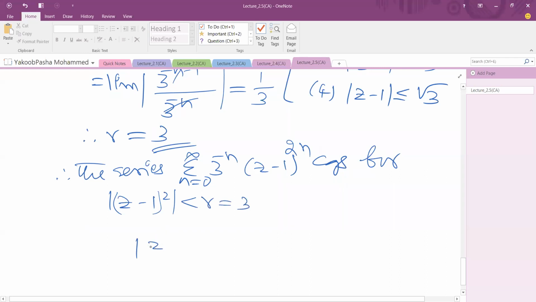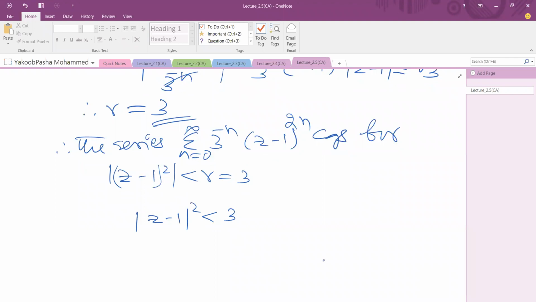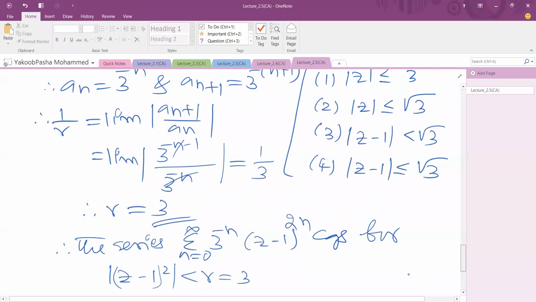So modulus of (z minus 1) whole square is less than 3. Modulus of (z minus 1) whole square less than 3 means modulus of z minus 1 is less than √3. Equality will not come, only less than, that is plus or minus √3. So option 3 is the right option. Modulus of z minus 1 is less than √3.